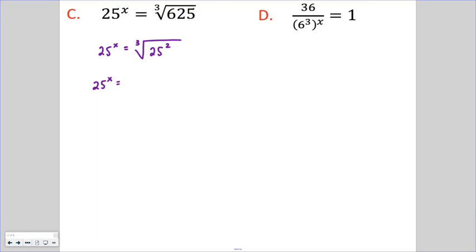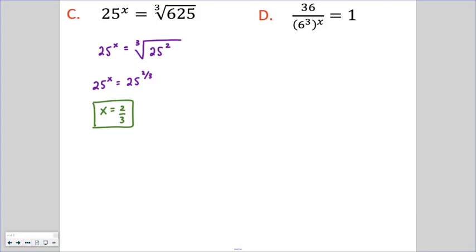The fourth root is raising something to the power of 1/4. So this becomes 25 squared to the power of 1/3, and then we would multiply those exponents together. Once I've got the bases the same, in this case they're both 25, then I can set the exponents equal to one another. So in this case, x is equal to 2/3.